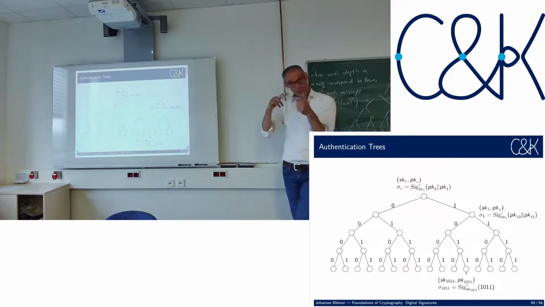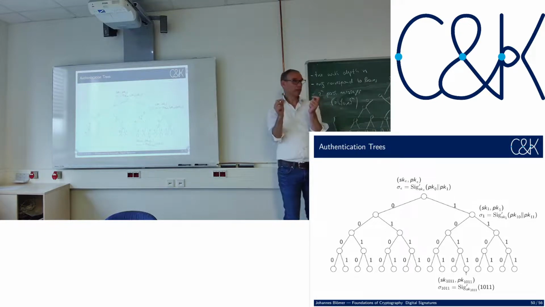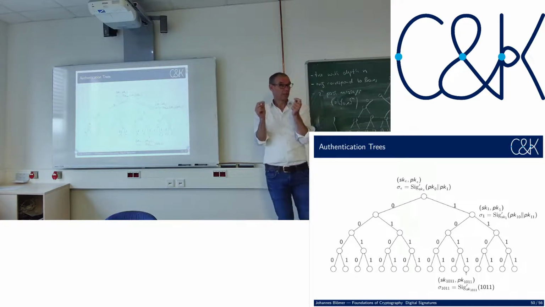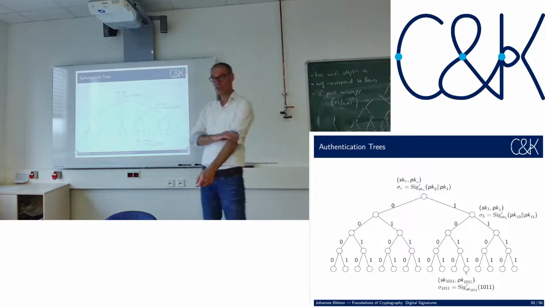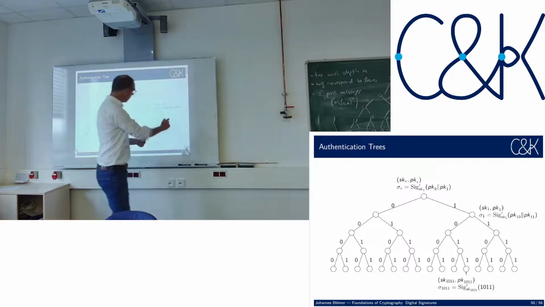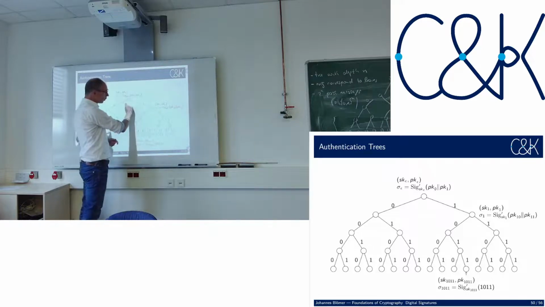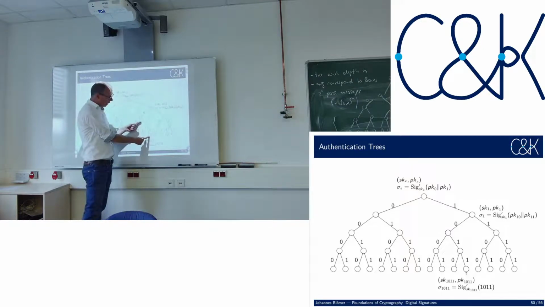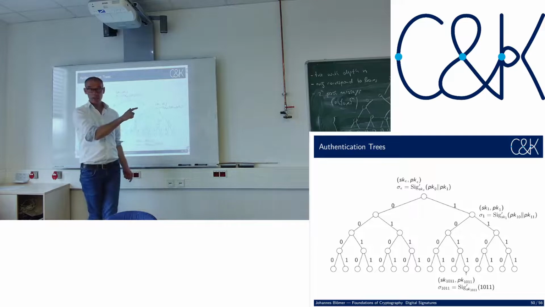So when we actually use the scheme, we generate things as they are required. We don't fill out the whole tree, but when we want to sign this message, we go down this path, and then we look in each node: did we already generate the public key, secret key? If not, do that.